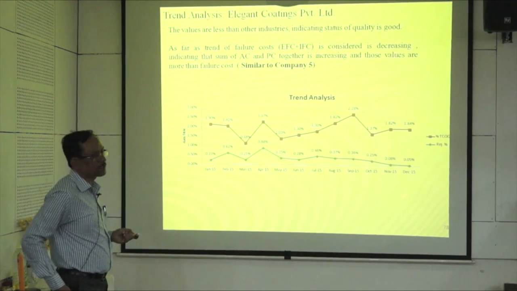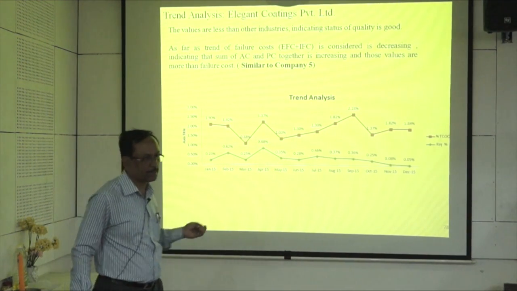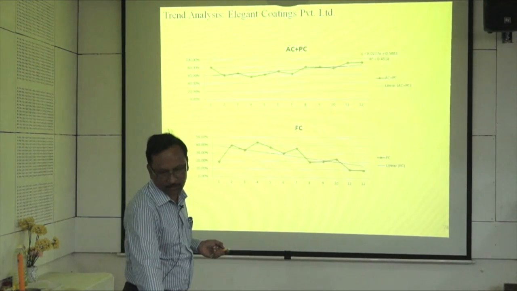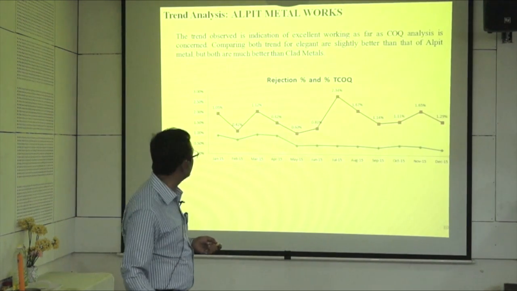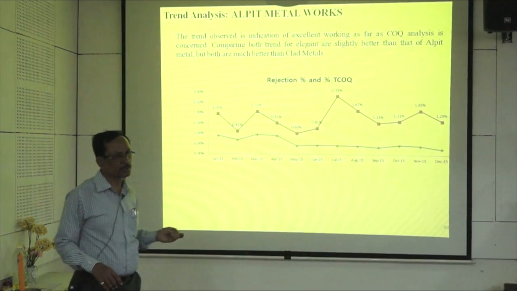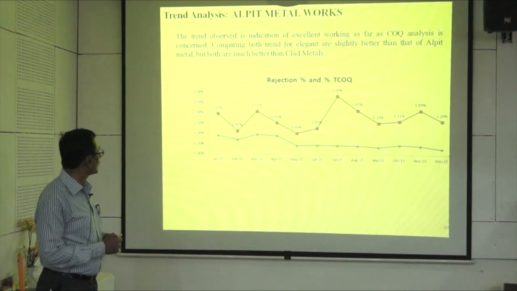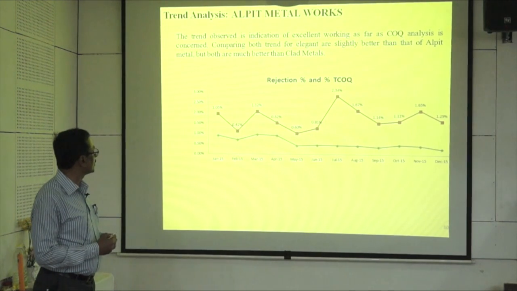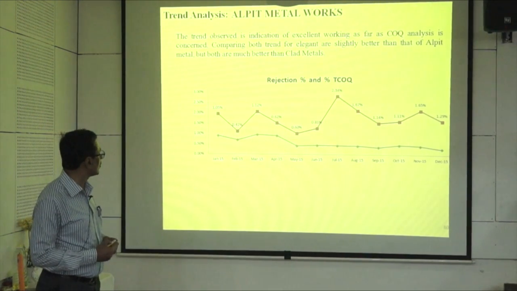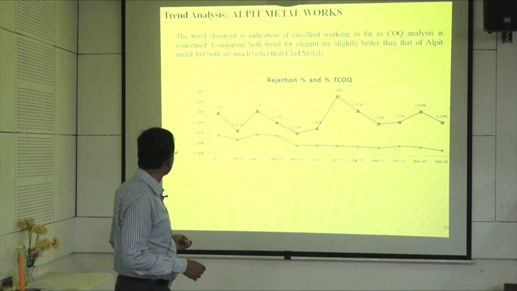So the important point here is the cost values are much less here in these 2 plants, Elegant and Alpith Metals. Okay, these are 2 sister concerns, and here this is a rejection trend and total cost of quality trend that is being done.